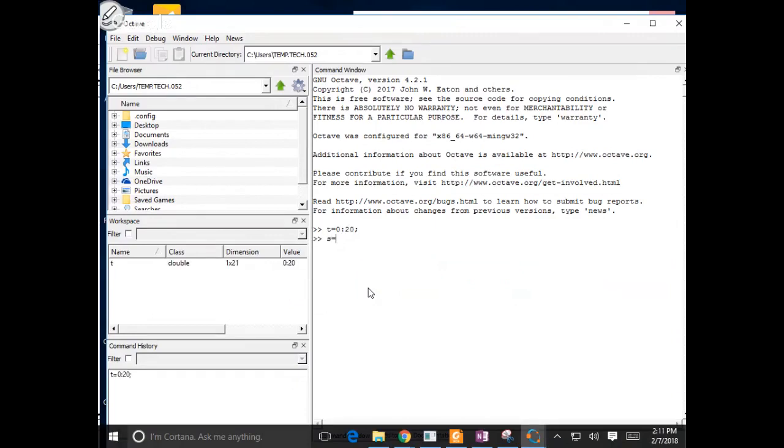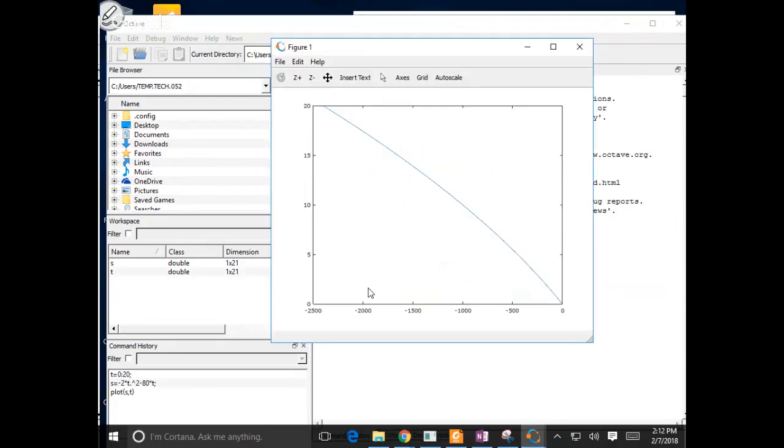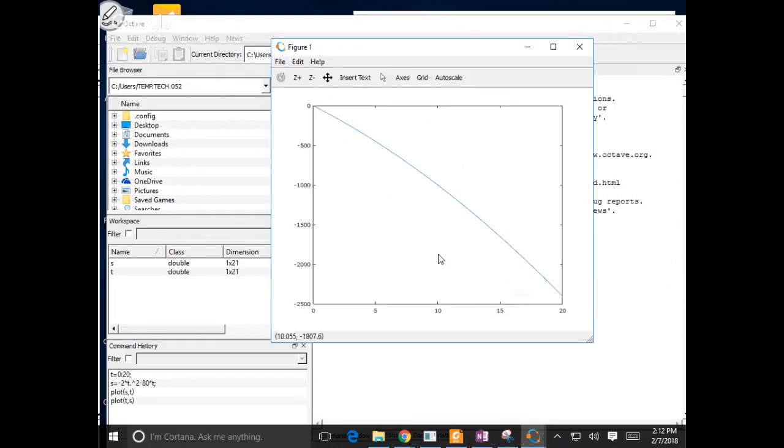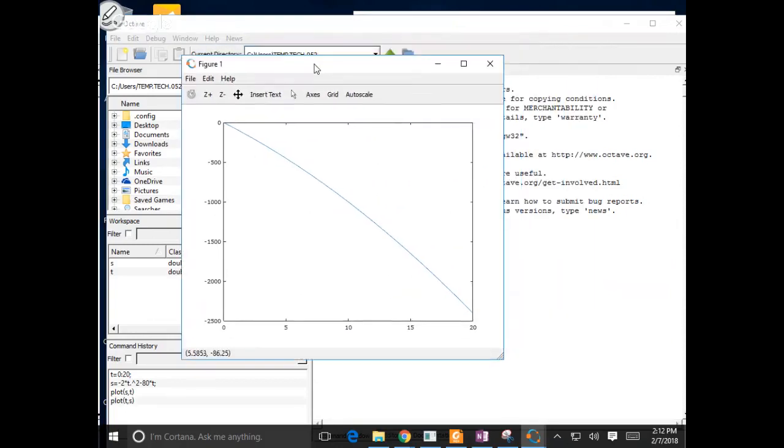And then S is equal to -2 times T squared minus 80 times T. Now let's plot T and S. Okay, there we go.